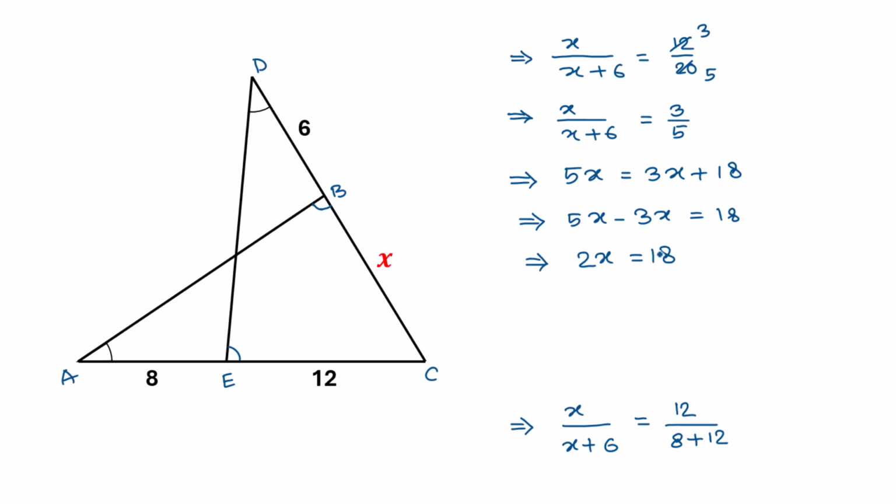Now dividing both sides by 2, we'll get the value of x is equal to 18 divided by 2 is 9. So the length of this BC is 9 unit, and this is the solution of our given problem.